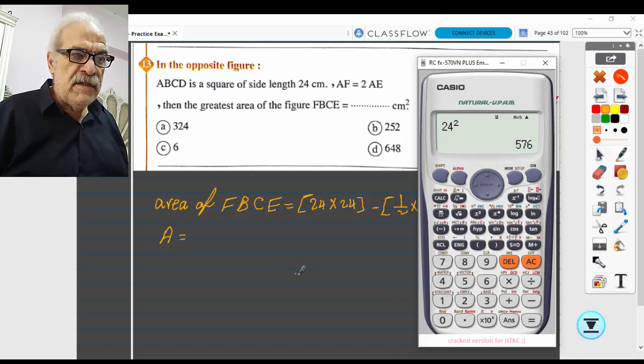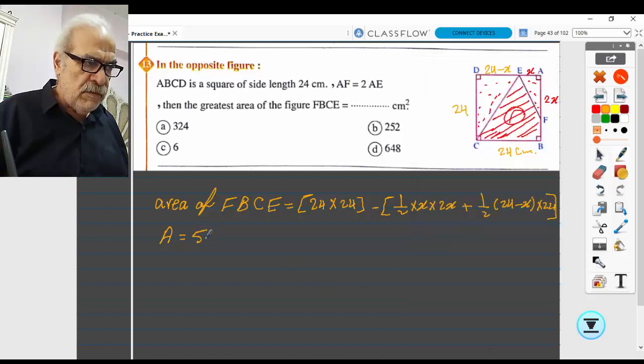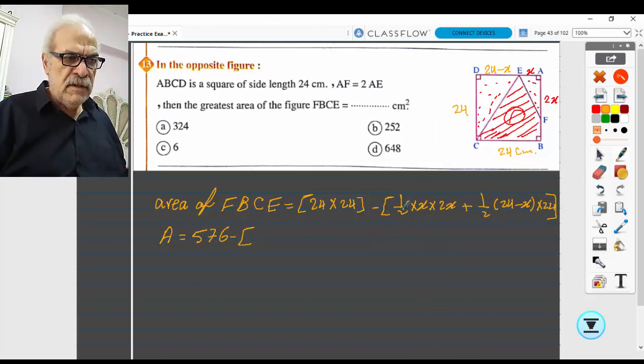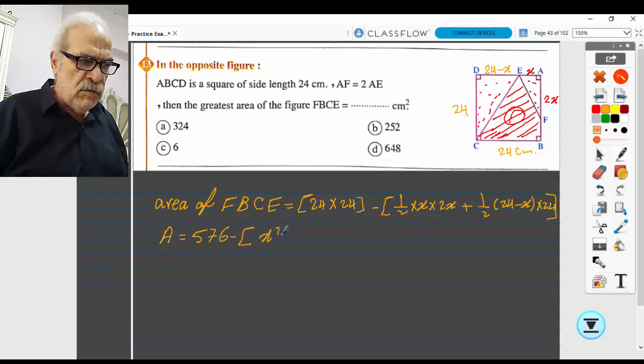equals 576, minus. We simplify this part: half multiply x multiply 2x equals x power 2.